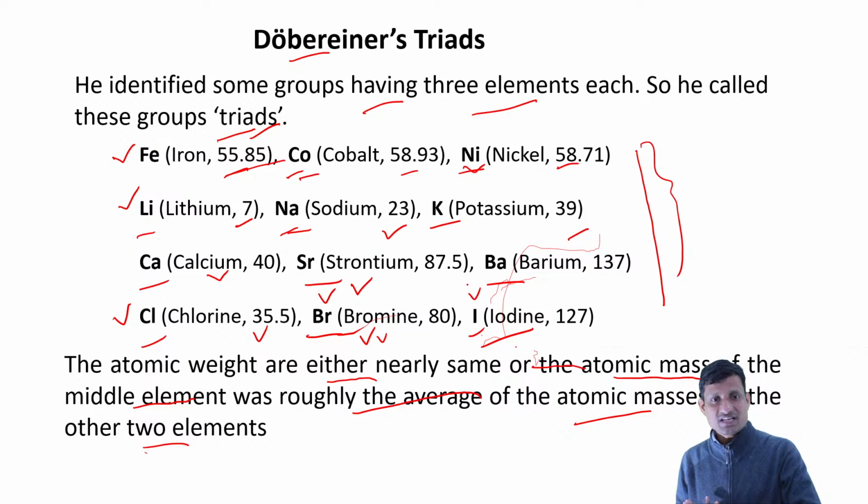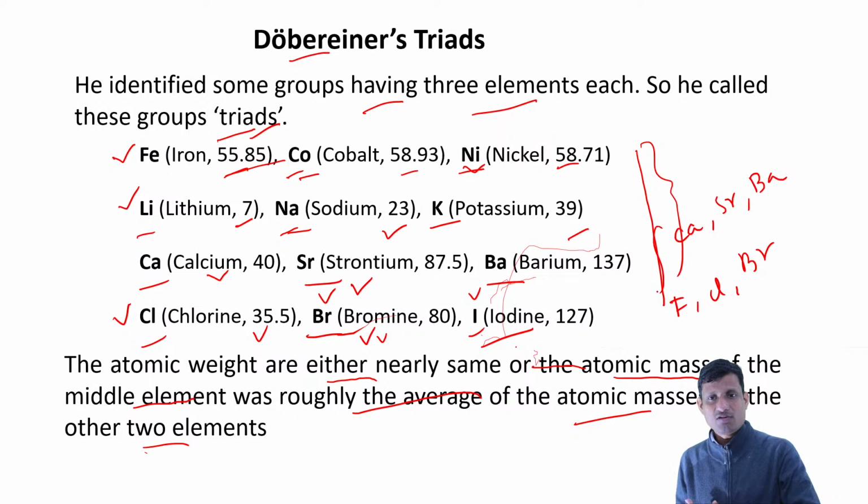So in the question, you may be asked which is not a Dobereiner triad. In the options, maybe they will give fluorine, chlorine, bromine, and maybe calcium, strontium, and barium.